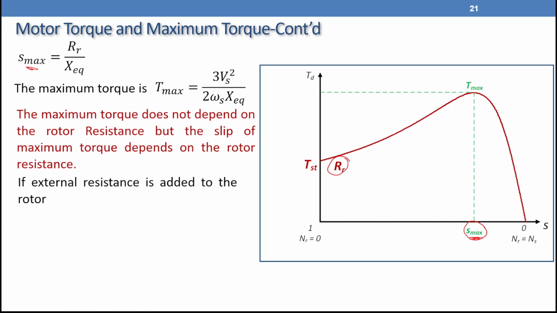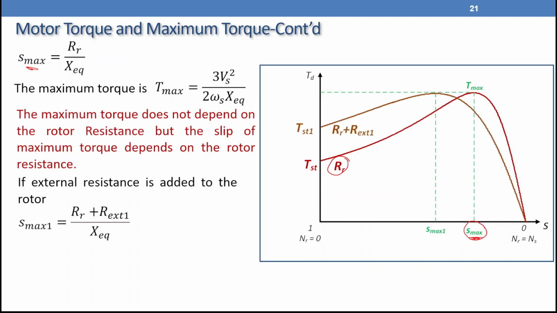If external resistance is added to the rotor, S maximum equals R rotor plus R external over X equivalent. So we have the same maximum at different speeds. At the same time, you are going to increase the starting torque. And that one is applicable only for slip ring induction motors. It's not possible for squirrel cage because we cannot access the rotor in a squirrel cage motor.